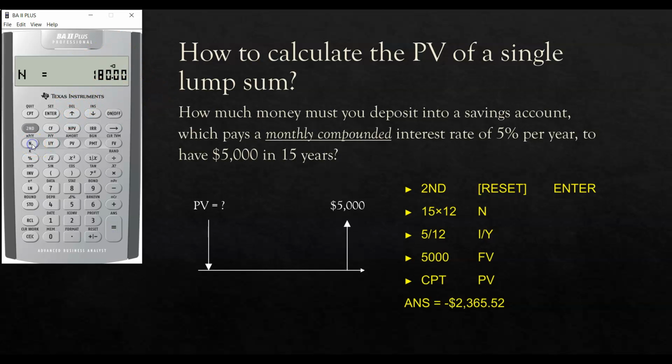You put that 180 in as your N. And then for the interest rate, instead of doing 5 for IY, I want to do 5 divided by 12, right? And hit the equal sign. This is basically 0.42. That's my monthly interest rate. Then I put that in as my IY. And then I put in 5,000 for FV, then I can go ahead and calculate my present value.